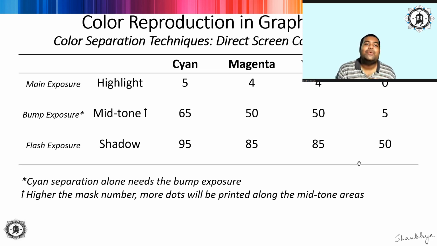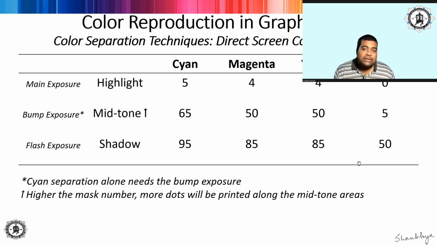Now hopefully you understand why I went to the pains of explaining all the tone reproduction curve and gray balance, and how to achieve it, before coming back to the point where we are actually implementing those ideas in real life. An easy way to control the percent bump that we are using is a neutral density filter over the red filter during the bump exposure, which allows only the percent bump necessary, making the percent bump fairly constant.